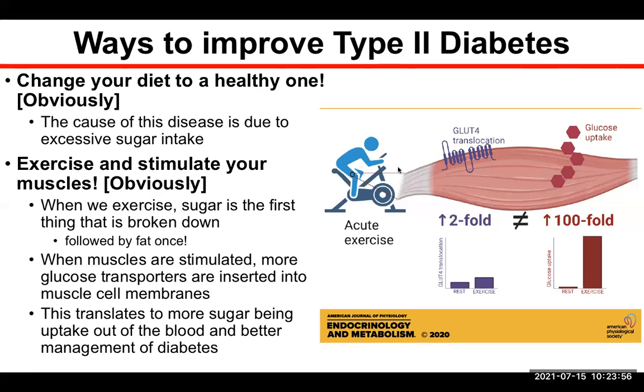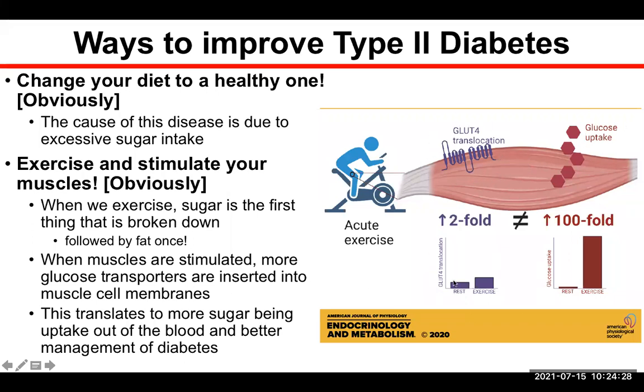On top of that, exercise is going to be the thing that saves some of these patients, because when you're stimulating your muscles either by running or by lifting weights, your muscles run off of sugar. That's their main fuel source. And so when you exercise, you start to upregulate or put more of these transporters on the cell surface of the muscles.